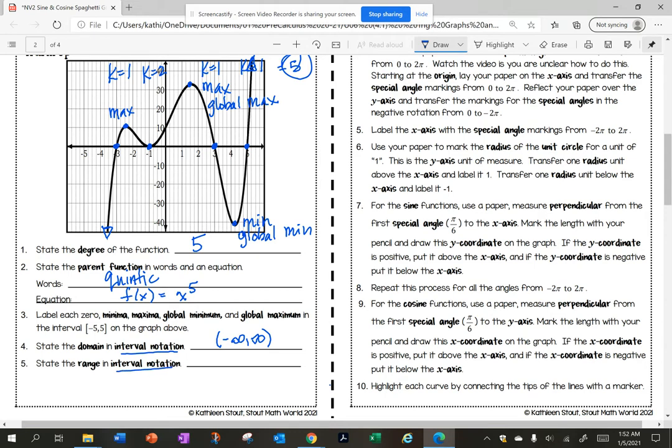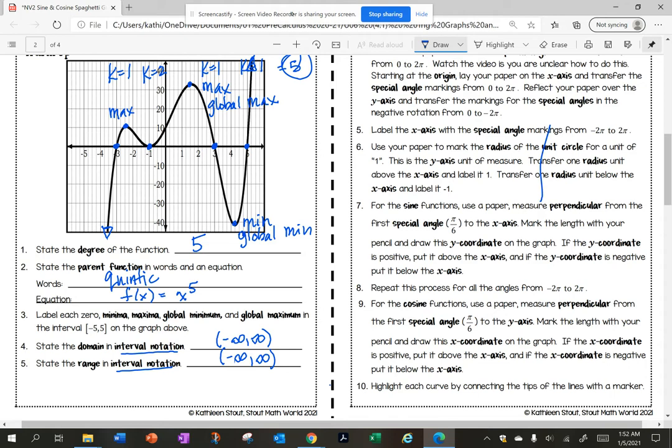Again, I'm going to write that in interval notation, so I'm from -infinity to +infinity. So this is all real numbers, but I'm writing it in interval notation.